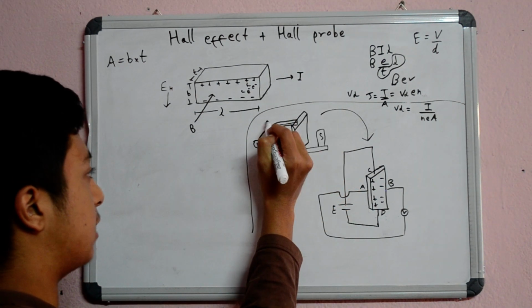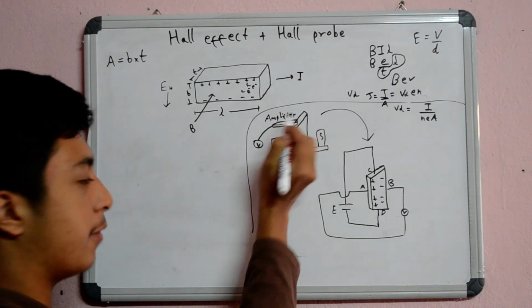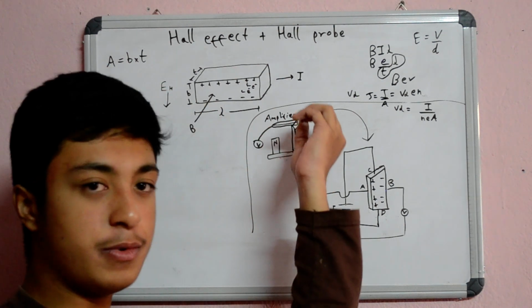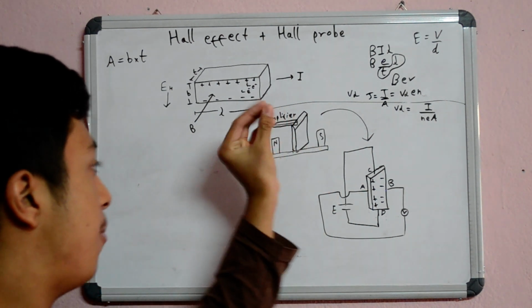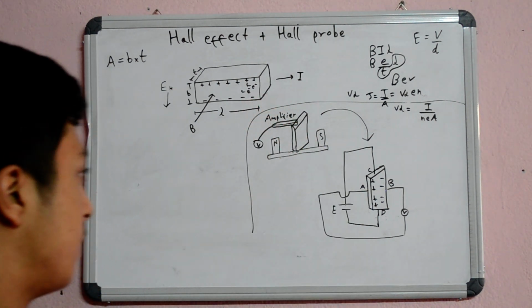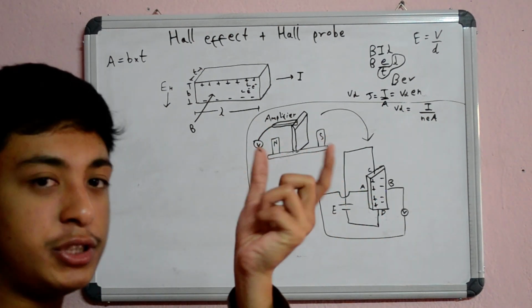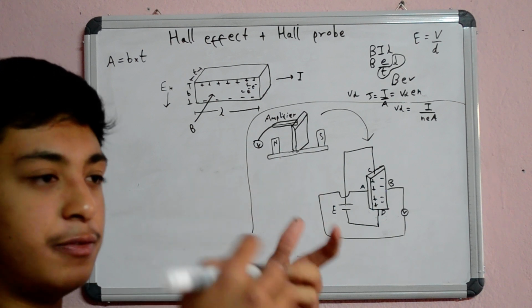This is known as the amplifier, which amplifies the strength of the potential difference, because the actual potential difference produced in this Hall element will be very small, and we need to amplify it to read it properly. And here, we have to turn the position of the Hall element until we get a max potential difference.